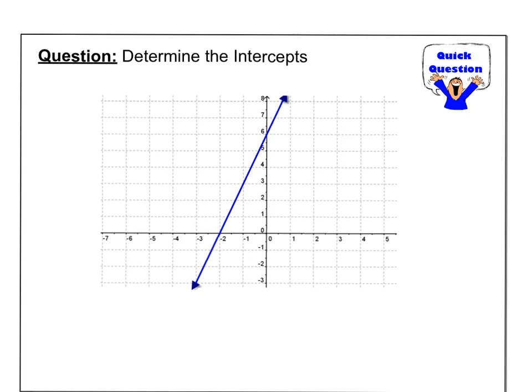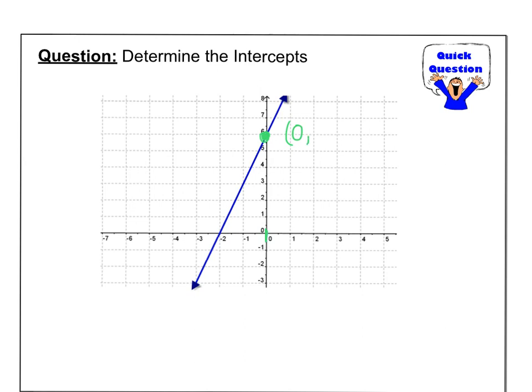Now, an intercept is always going to be a point. Let's look at our y-intercept first. That's where our equation crosses the y-axis. So because it's going to be a point, it needs to be an ordered pair or a coordinate. So if I look at the x value of this point, our x value is 0 because we're sitting right in that 0 position.